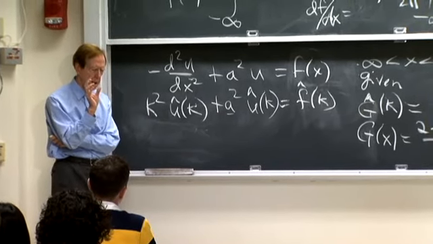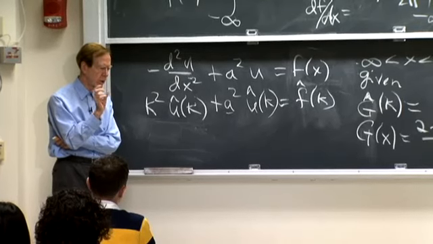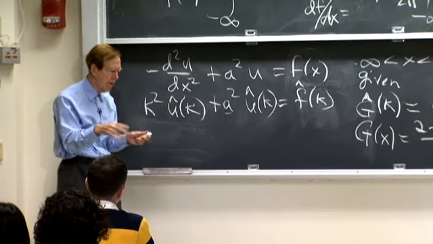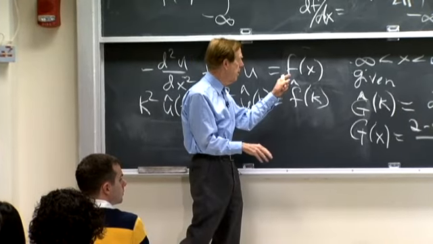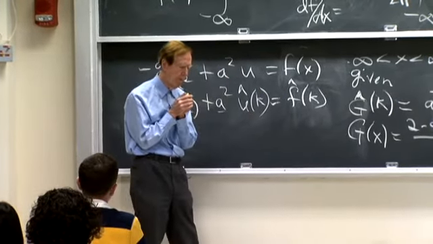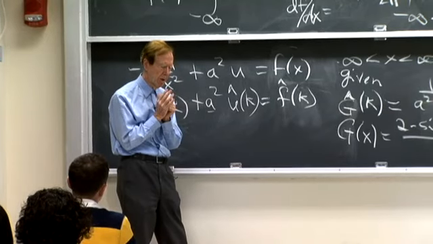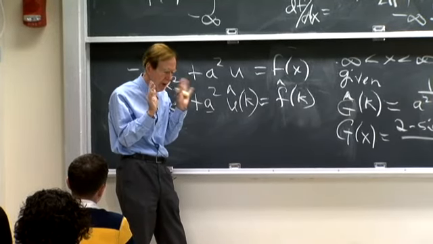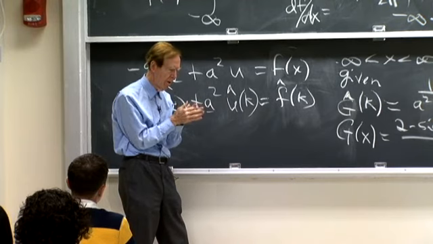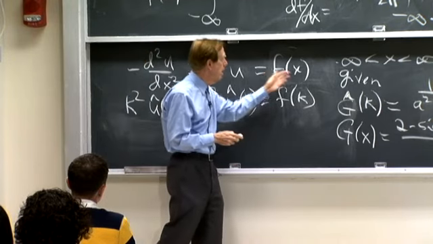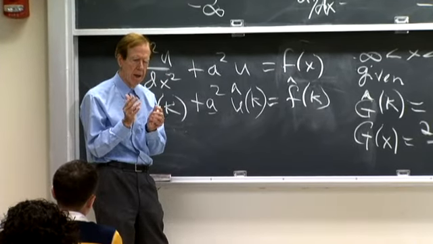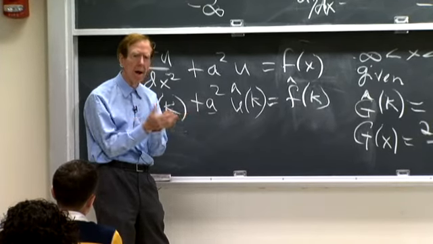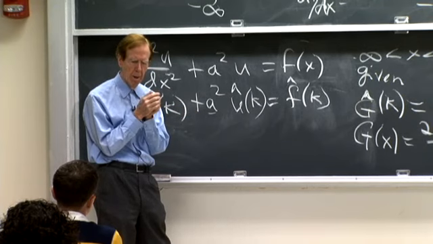I think you should have an intuition for how the Green's function works. So the Green's function was the solution when the source term was a delta. And here's the intuition. It's rough, but it works. Any source term, f of x, is in some way a combination of deltas.